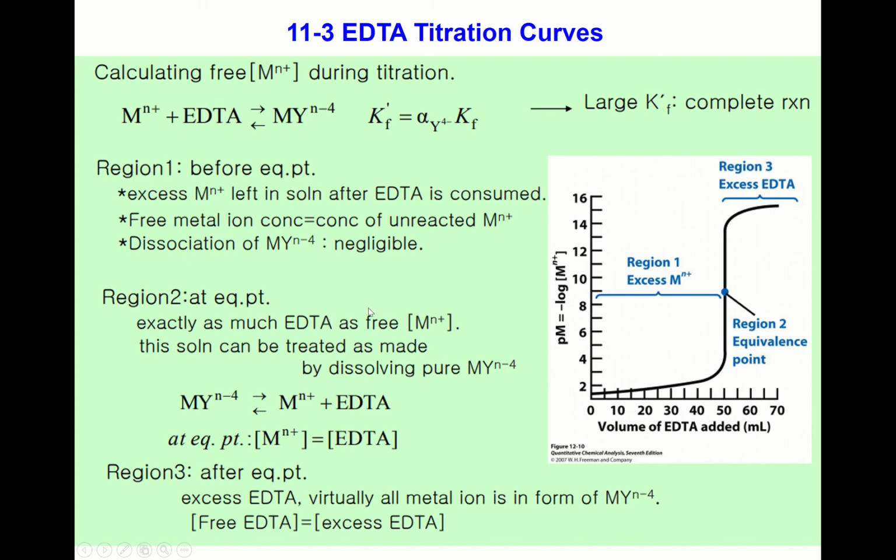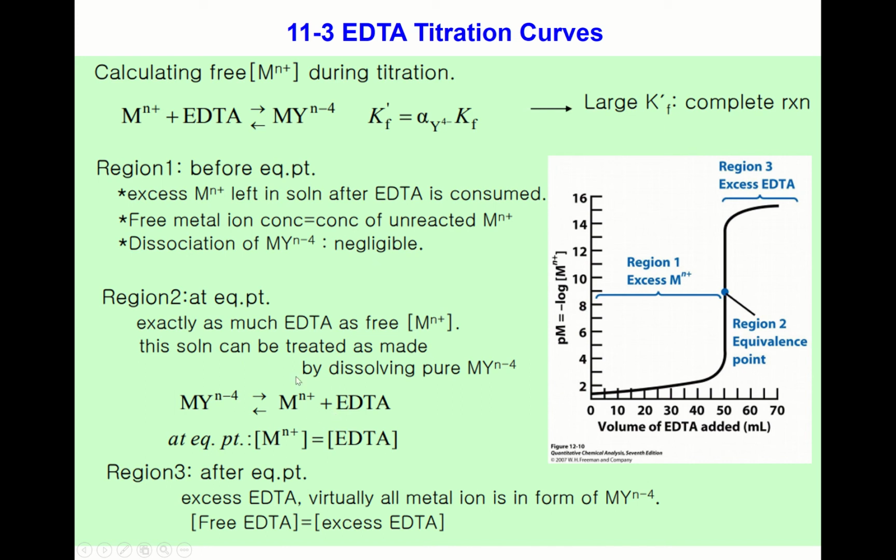And at exactly the equivalence point, the moles of free EDTA and free metal ions are the same, so they make this one-to-one complex. So we can simply say that in solution there is only the metal-EDTA complex. Actually, a very negligible amount of free metal ions and EDTA are present in the solution.